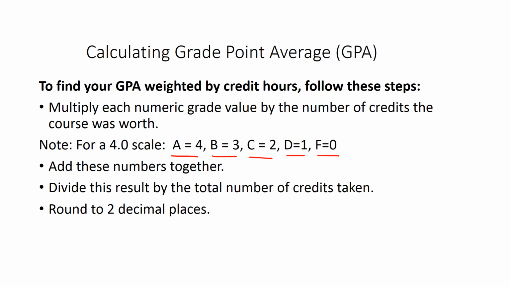If you have an A in a 4 credit hour class as opposed to a 3 credit hour class, that helps your GPA a little bit more. Add these numbers together, divide the result by the total number of credit hours taken, and then round to 2 decimal places. You always hear of GPAs to 2 decimal places.